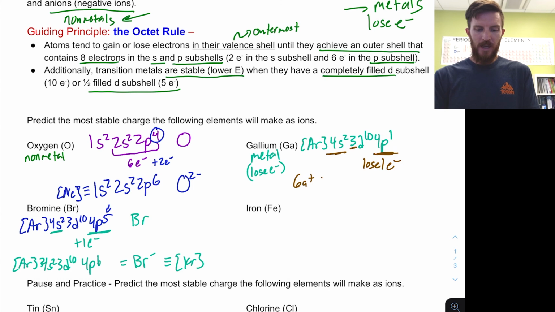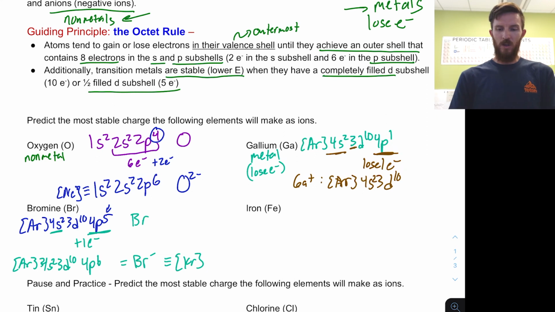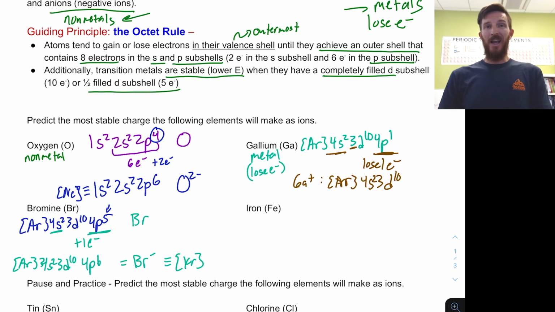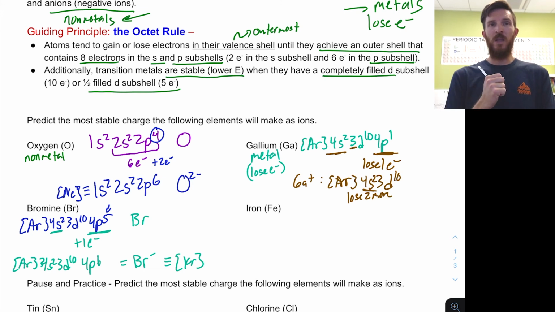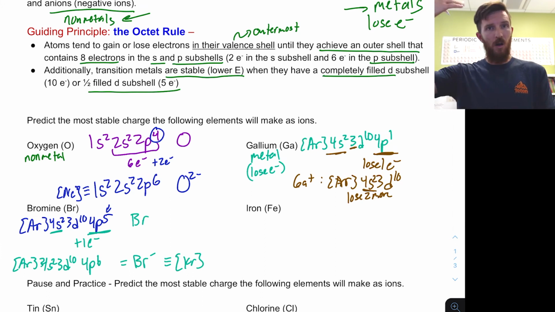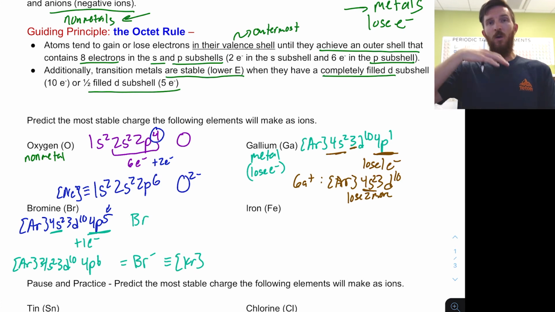And so we'll see here that gallium, this post-transition metal, is going to make 1 possible charge, which is gallium plus, where it lost that 4p electron, and it can also lose 2 more in our 4s. So we have basically 2 sets of valence electrons, 1 in the 4p and 2 in the 4s. And these transition metals and post-transition metals are going to lose them in possible chunks, where we'll lose either all of the p orbital electrons and then all the s, or all of them.